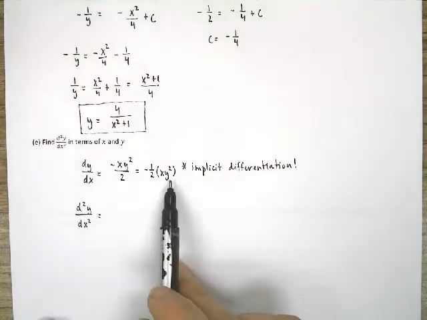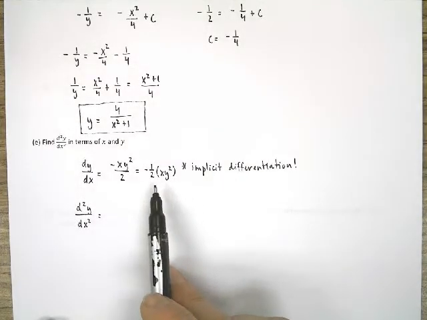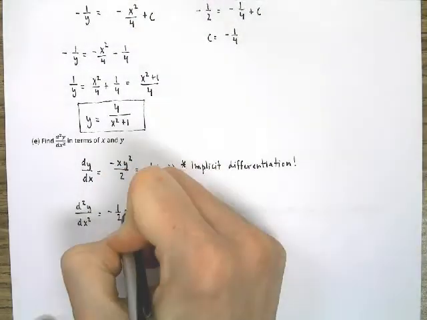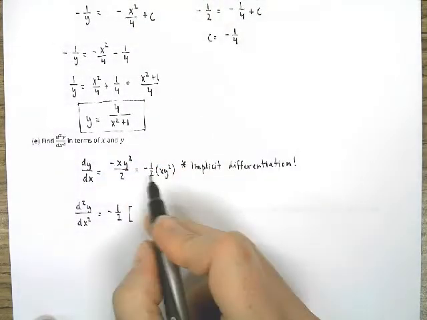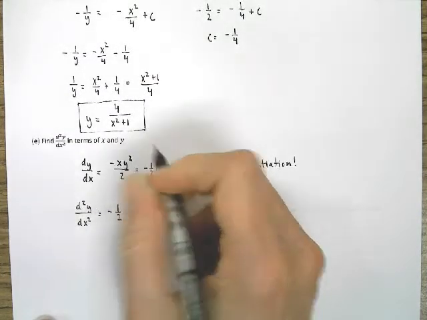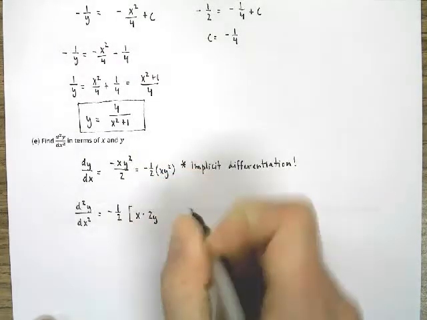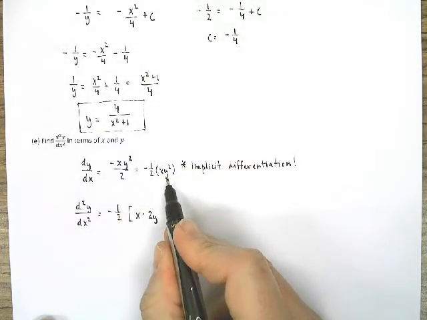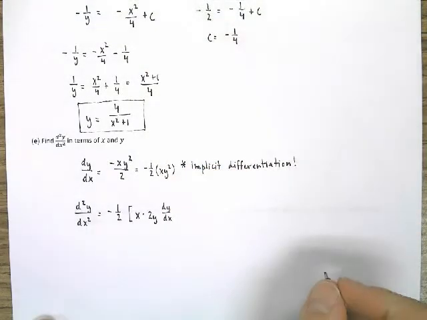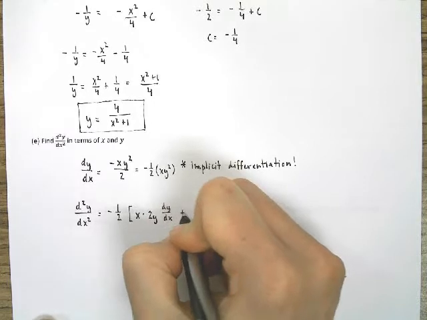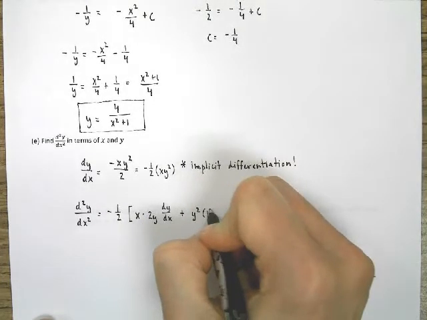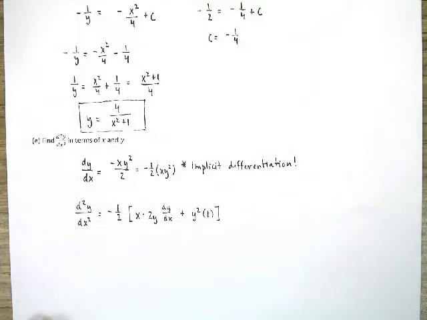So now I know a constant times a function, its derivative is just a constant times the derivative. So I'm going to pull this negative 1/2 out, and now I'm going to do product rule. I'm going to have the first times the derivative of my second factor, so times 2y, but then I have to remember this is implicit, so I need a dy dx. And then I'm going to do plus y squared times the derivative of x, which is just 1, and I've got my derivative.